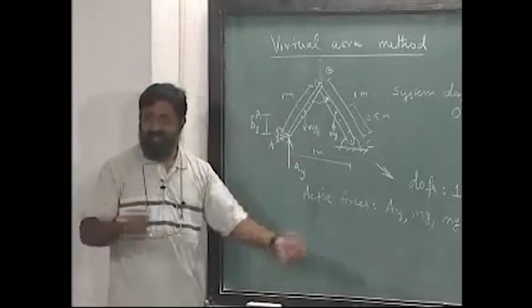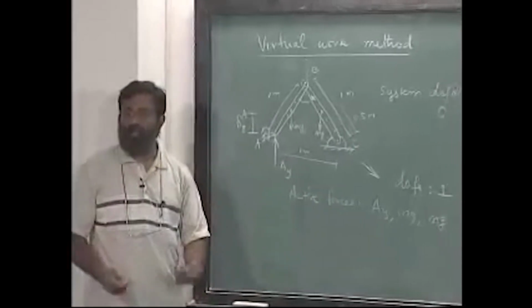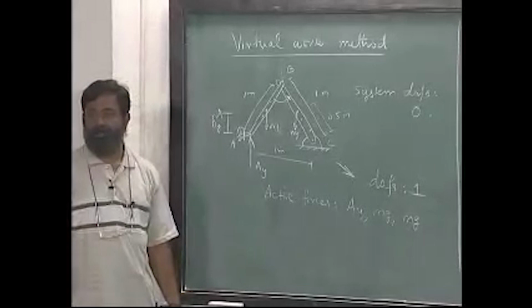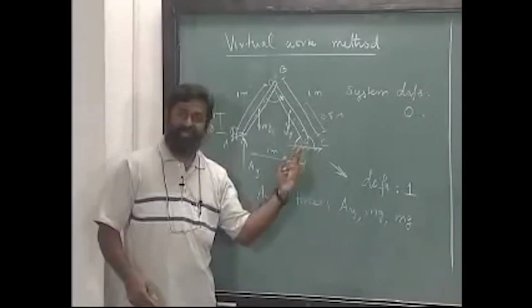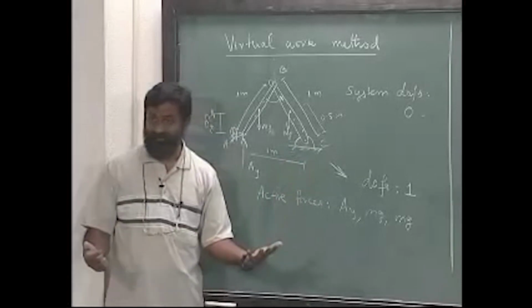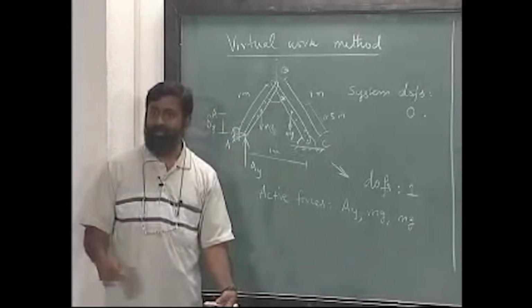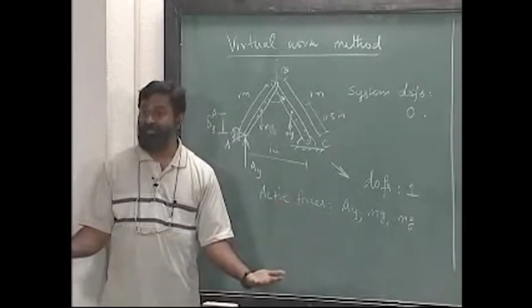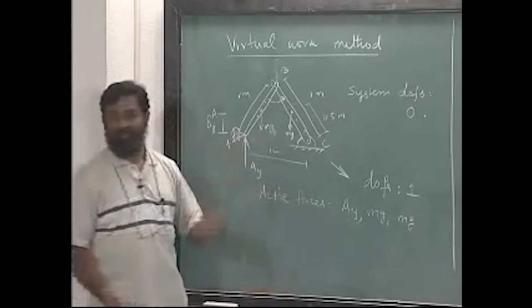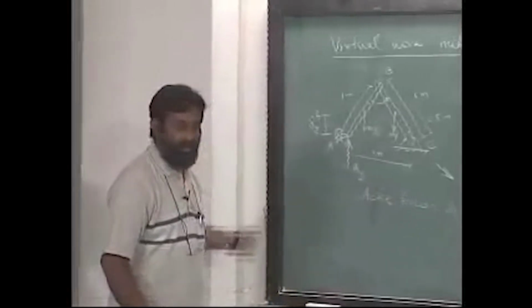The reason is there will be equal and opposite reactions, and the displacement will come into play. Here one more important point is the displacement is equal to 0. So, in the virtual work method, if either displacement or the force is equal to 0, the virtual work is equal to 0, and therefore, it does not take part in the equation.